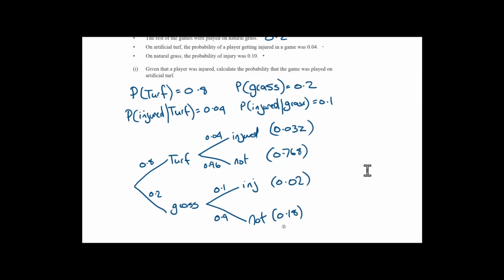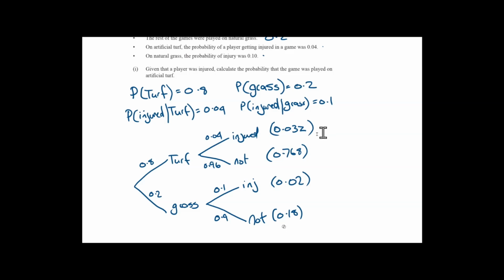Okay, so given we've got that, what is the probability that the game was played on artificial turf? We could kind of reverse engineer it from here.